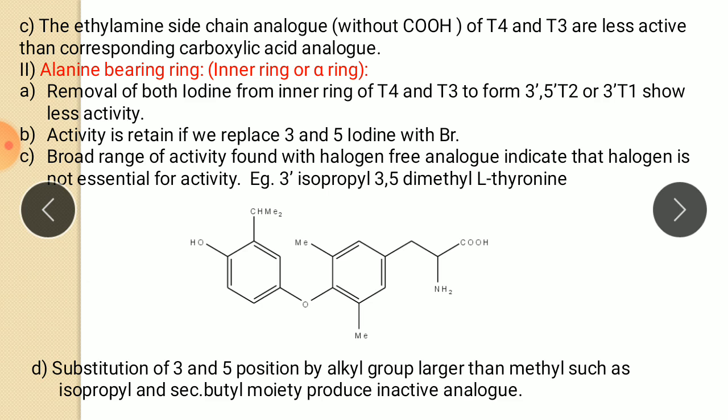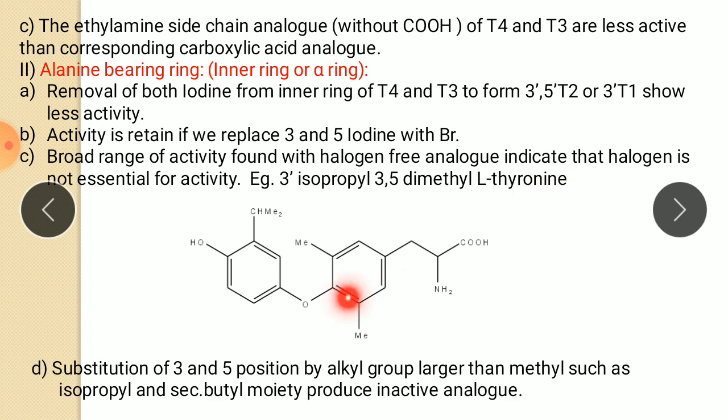So if we replace the iodine of the inner ring with an alkyl group, then the activity is maintained. For example, here there is 3'-isopropyl-3,5-dimethyl-L-thyronine.